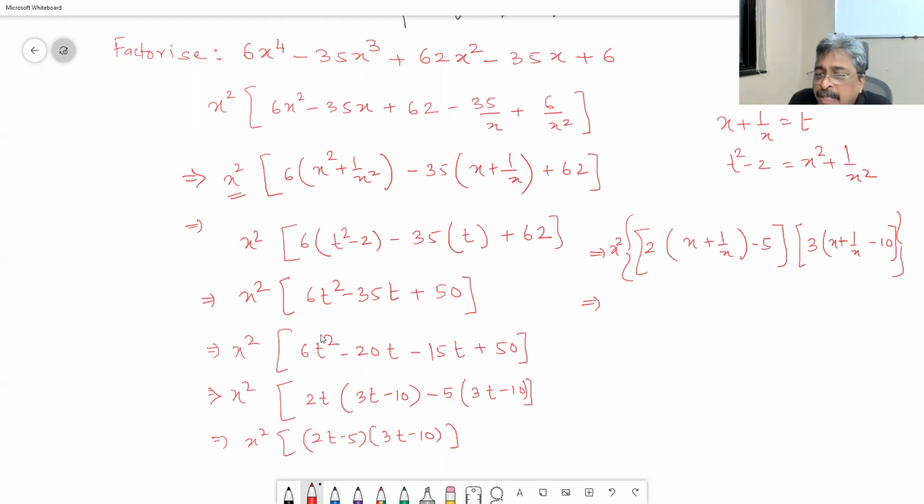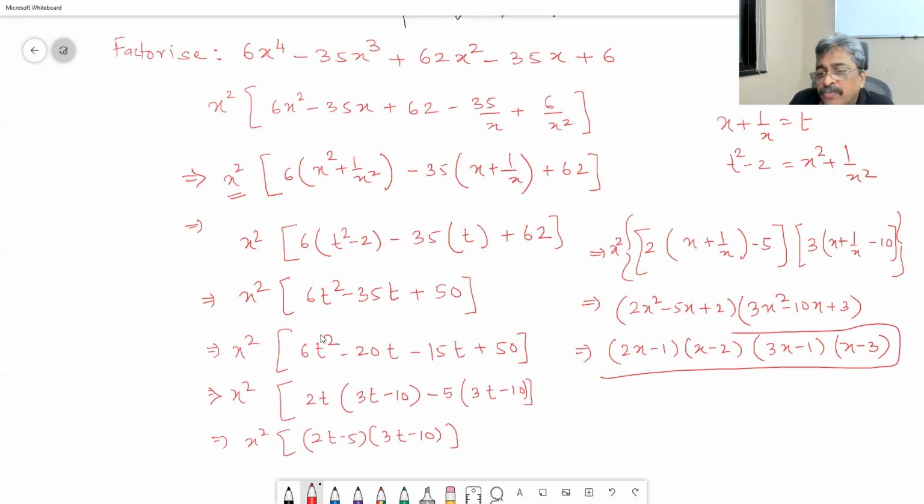So we get 2x square minus 5x plus 2, and 3x square minus 10x plus 3. This gives us 2x minus 1, x minus 2, 3x minus 1, x minus 3. This is the complete factorization of the given fourth degree expression.